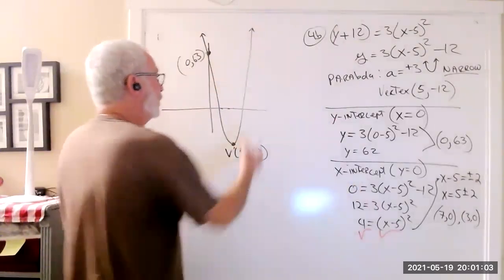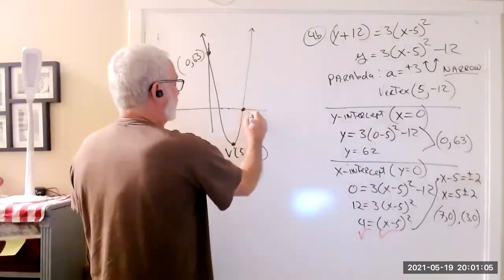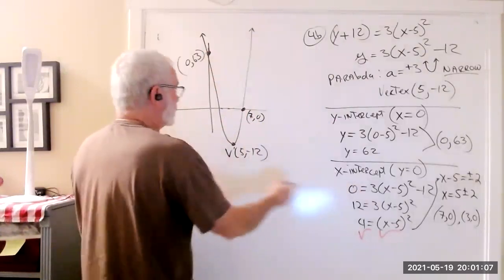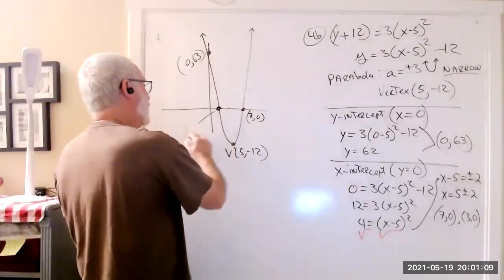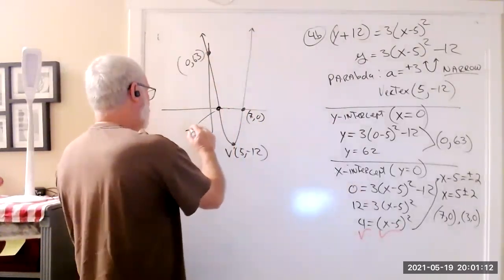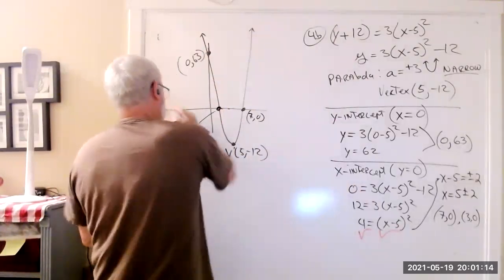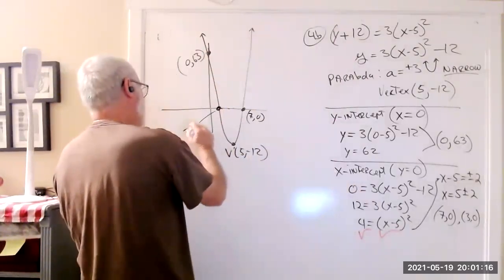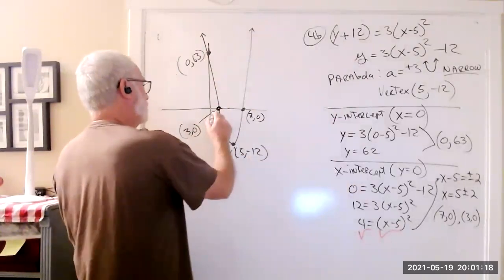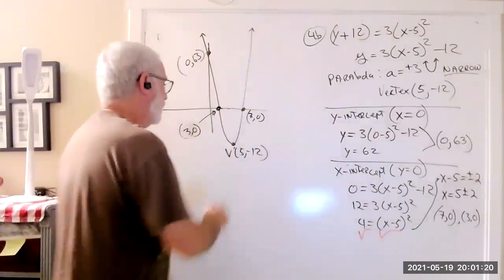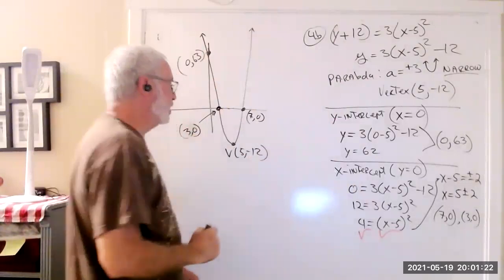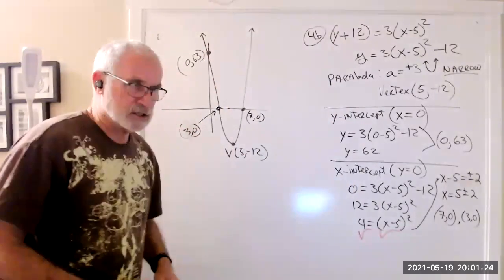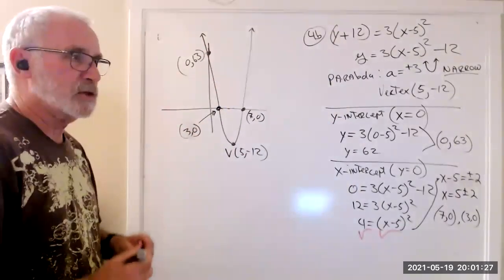I know that this point here has to be (7, 0), because that's an X-intercept. And this point here has to be (3, 0), because that's an X-intercept. Now, there's more I need to put on. I need to put the axis of symmetry, and talk about domain and range.